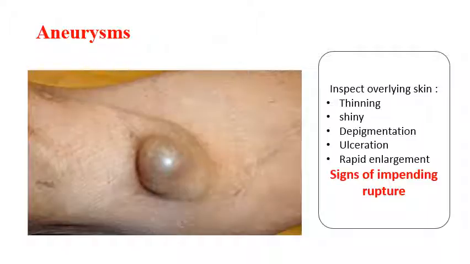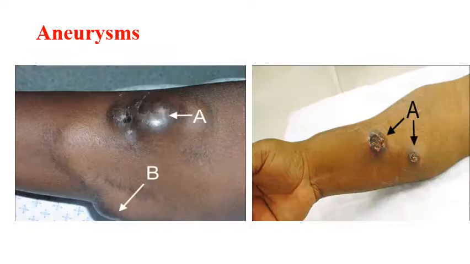But if there are no signs of impending rupture, we can still use this AV fistula, but with good precautions. These are examples. In picture A you can see the ulceration above the aneurysm. In the other picture you can see there is depigmentation and shining of the skin overlying the AV fistula.